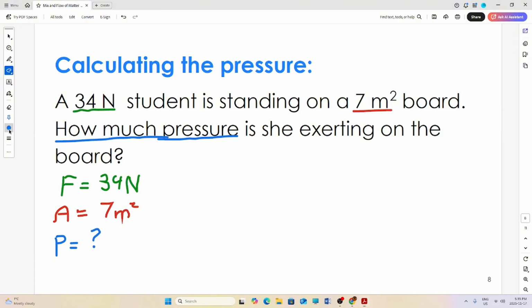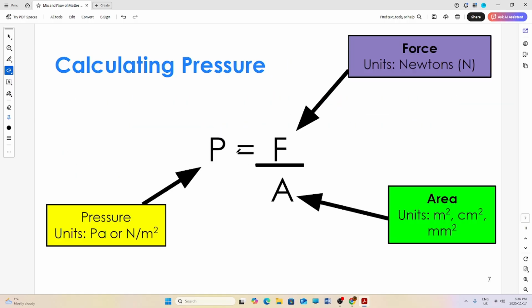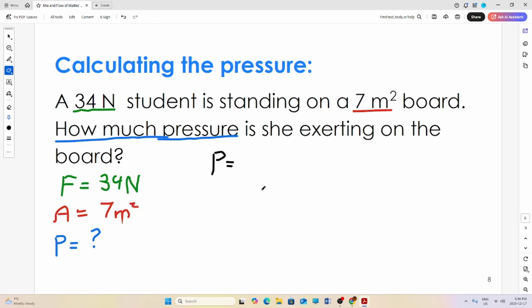So what we do is substitute that into our equation. Pressure is equal to force divided by area. Our force is 34 newtons divided by our area, which is 7 meters squared.